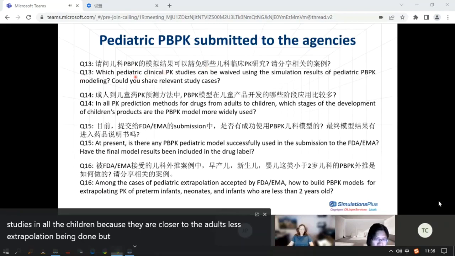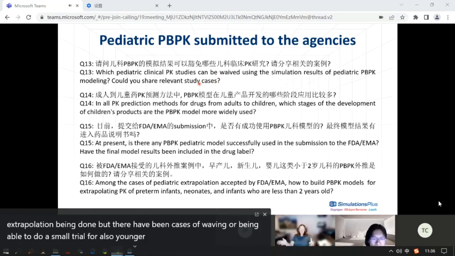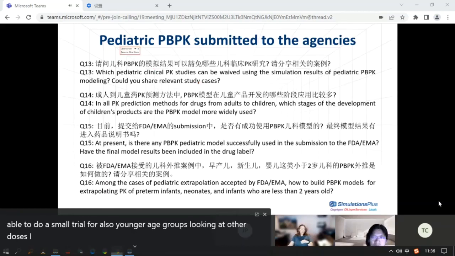But there have been cases of waiving or being able to do a smaller trial for also younger age groups looking at other doses. I did share a couple of examples which did not completely waive the study.